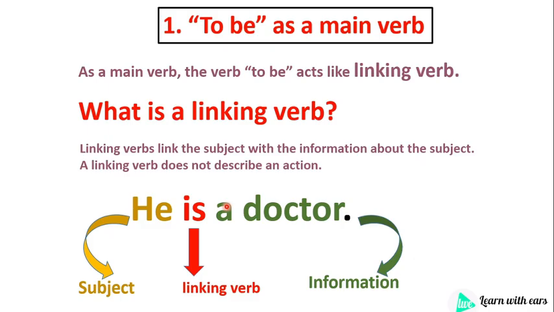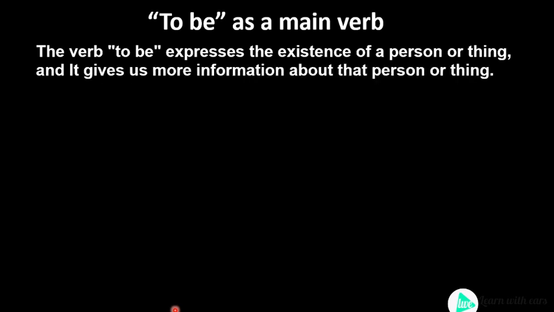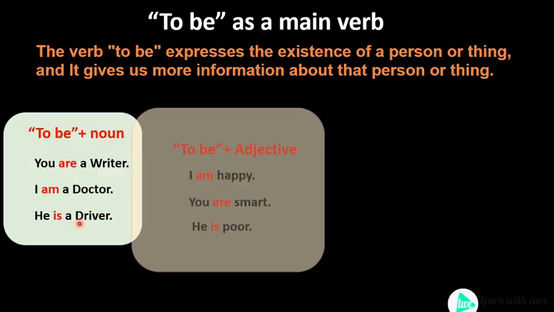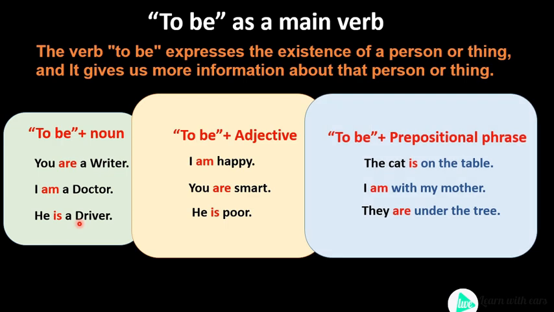The verb to be expresses the existence of a person or thing, and it gives us more information about the person or thing. To be as a main verb we use with a noun, with an adjective, with a prepositional phrase. You are a writer. You is the subject, are is the be verb, and writer is a noun.